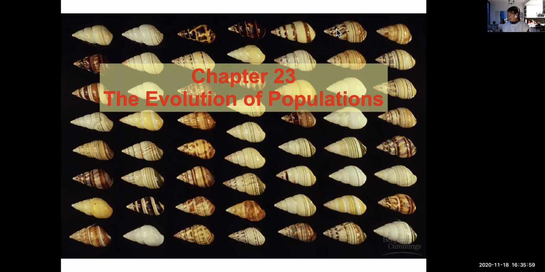And this bird might pick off the ones it can see very easily. Maybe it's the white ones. And there's a gene for white shell color. Well, if the bird picks off all of those white shell color snails, that white allele may indeed disappear from the population.